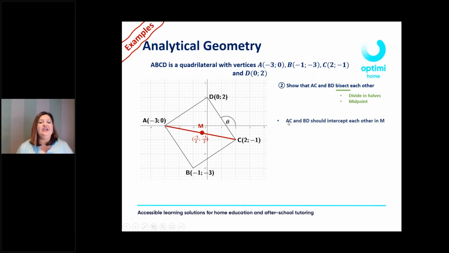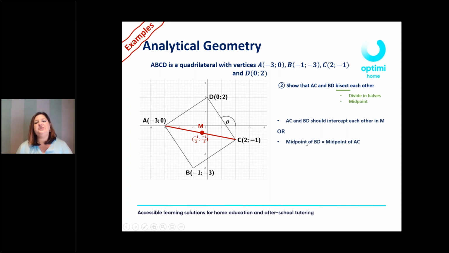Right. So it means that AC and BD should intercept each other in M, which is my midpoint of AC. Or the midpoint of BD should be equal to the midpoint of AC.